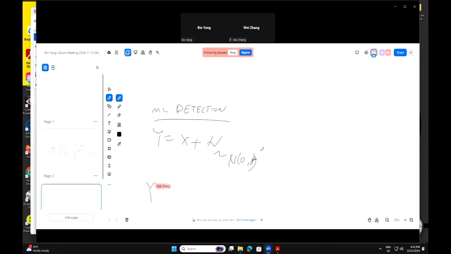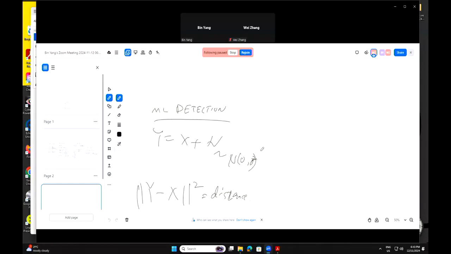The best one we found is to minimize the norm square of y minus x, or simply the distance. To make this distance as close as possible would be called the optimal detection. So that's a very simple one. You may skip all the details of the derivation, but this has already been proved to be optimal.